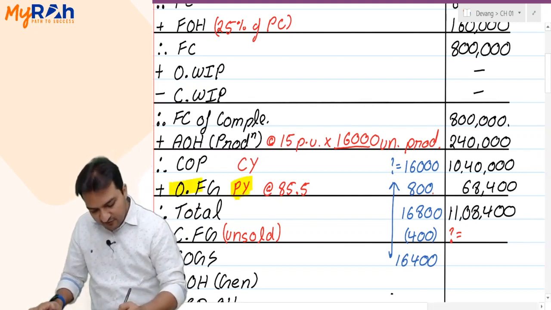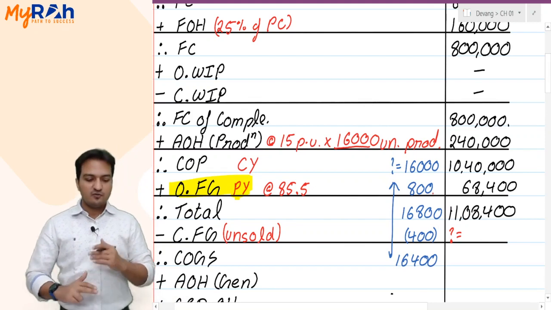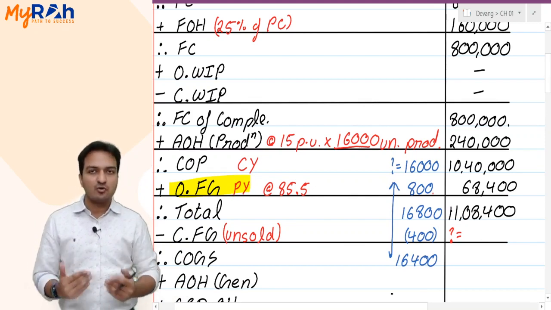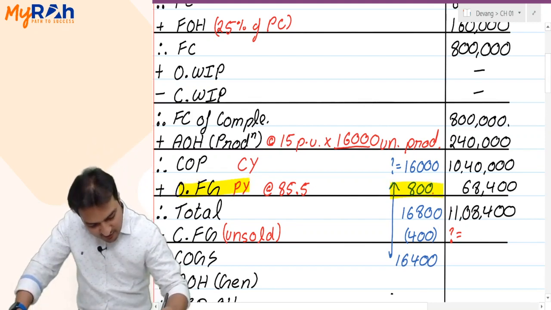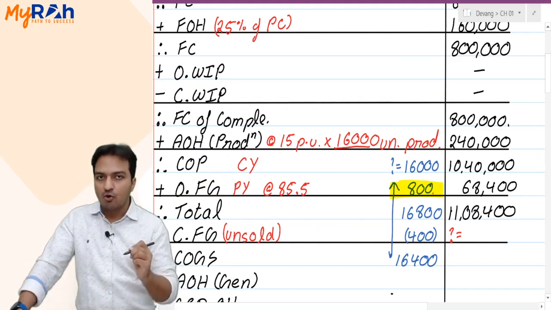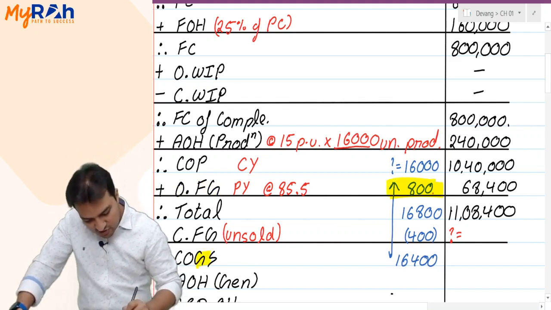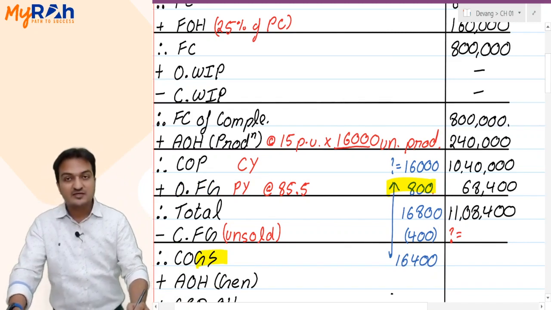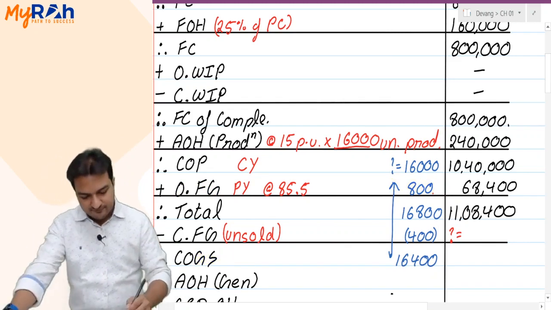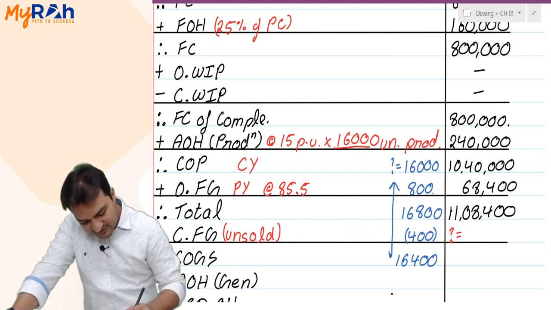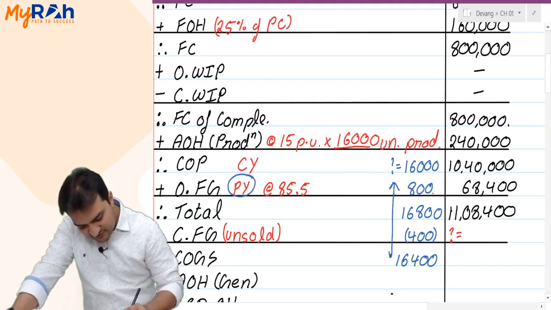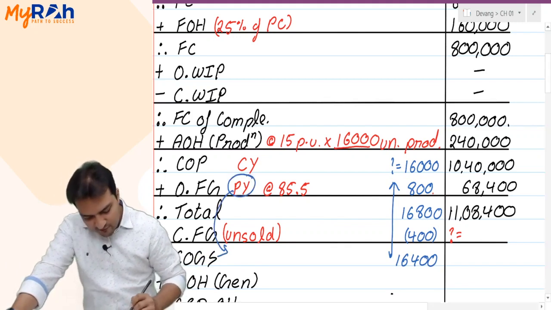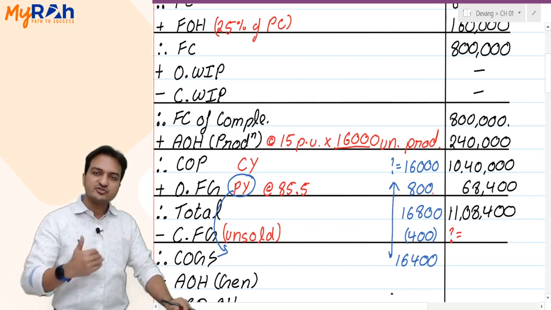So if the FIFO method says that the earlier production is sold out first, meaning these 800 units, where did they go? These 800 units were sold. Cost of goods sold, COGS, stands for goods sold. So the FIFO method indicates that these previous year units have already gone for sales, are already sold.